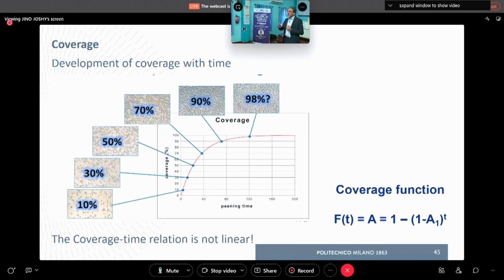We cannot refer to a linear relationship, but indeed there is an exponential function of time that makes it possible to estimate the coverage.